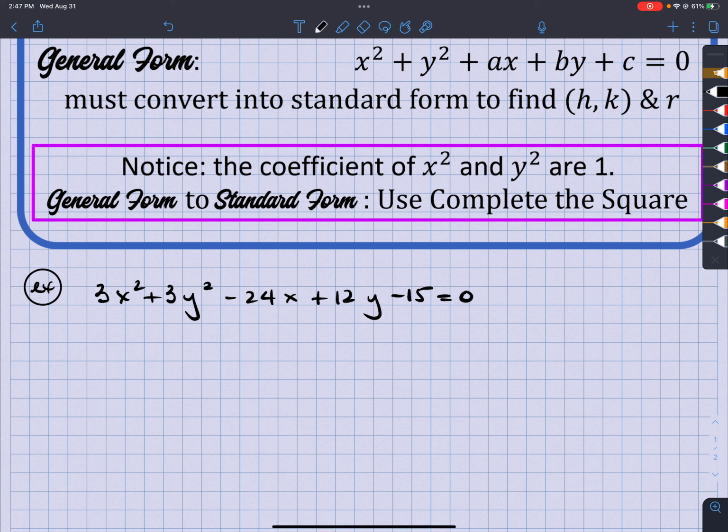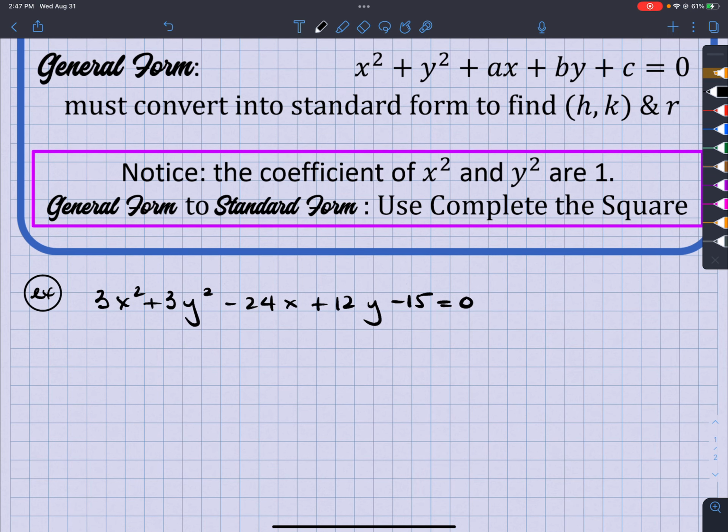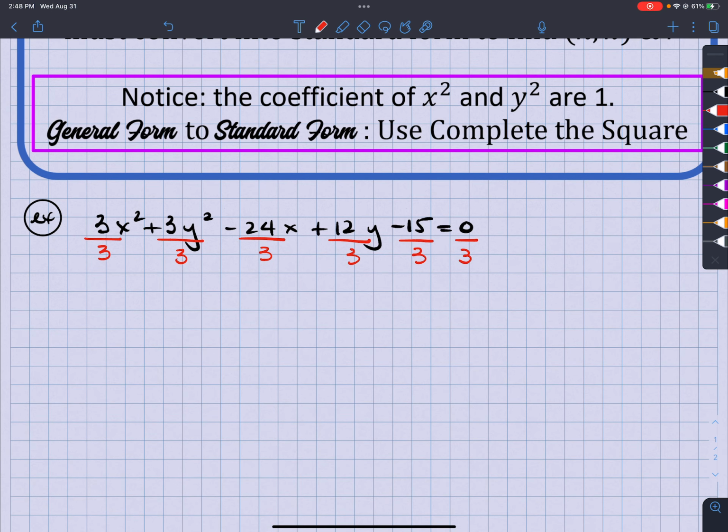So the a has to equal 1, which is what you see right here, right? Up here in the general form, the coefficient of x squared and the coefficient of y squared should be 1. Luckily for us, if I was to divide every single term by 3, what happens?